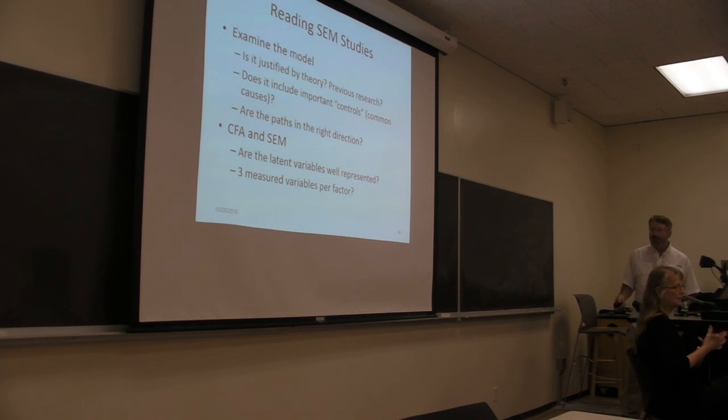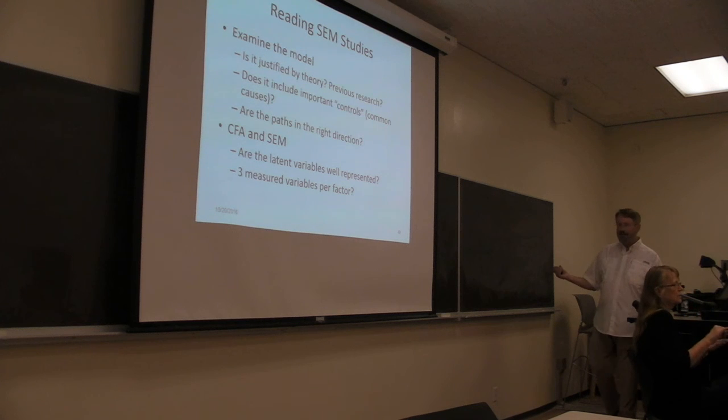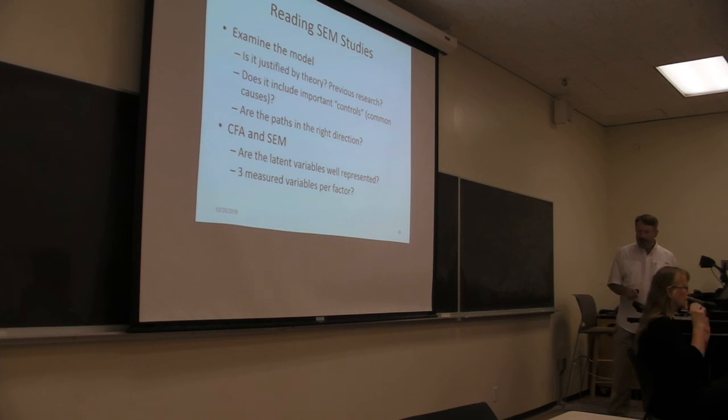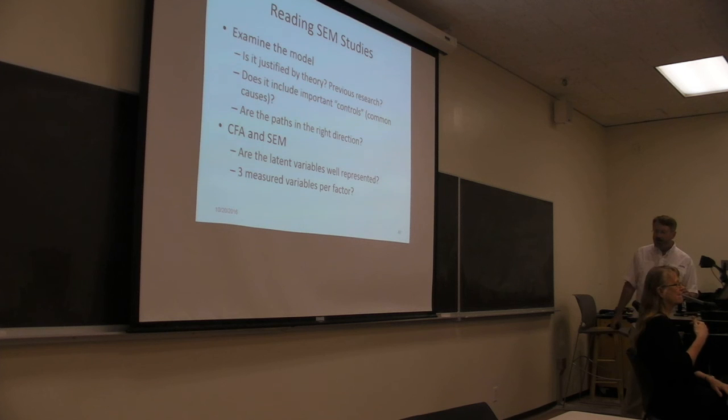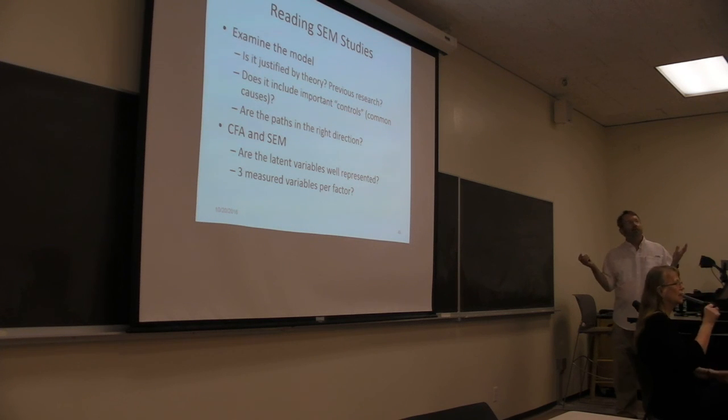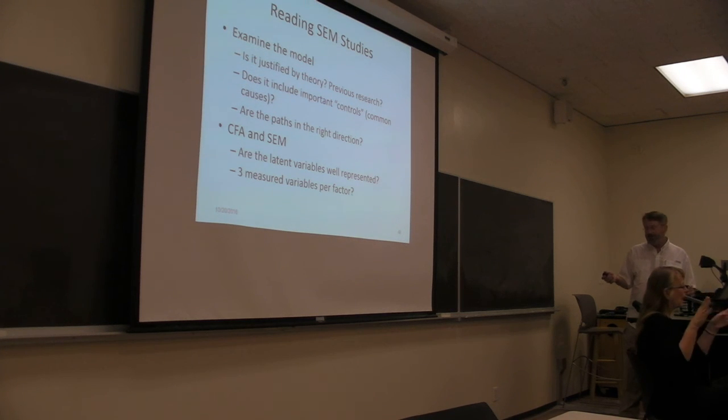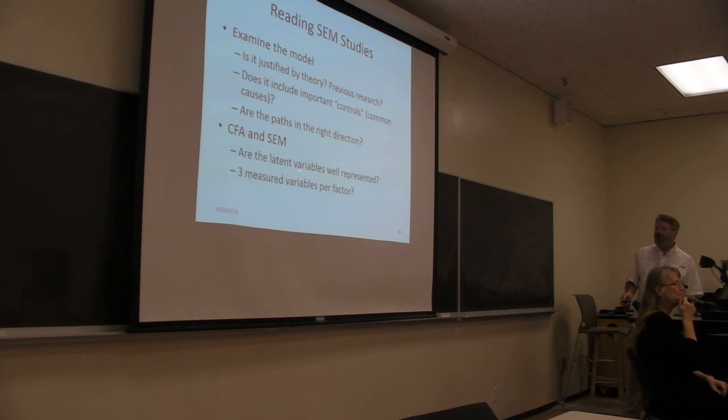So let's say, in the DAS model, for example, all of my tests that supposedly measure short-term memory, or that measure GSM, are measures of memory span, and I don't have any working memory tests in there. Well, then we would say that latent variable really shouldn't be called GSM, it should probably just be called memory span. It was not a well-represented latent variable.